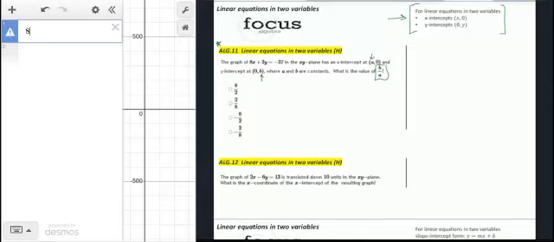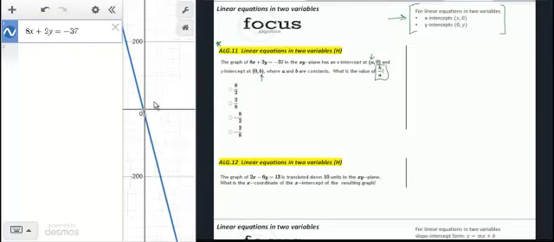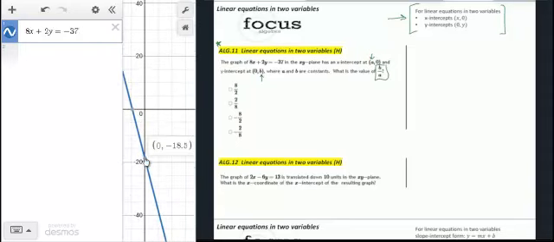If I just type this equation directly in, exactly as they gave it to me, I do have to zoom in, but I can see that it's negative 18.5. That's my b value, my y-intercept.